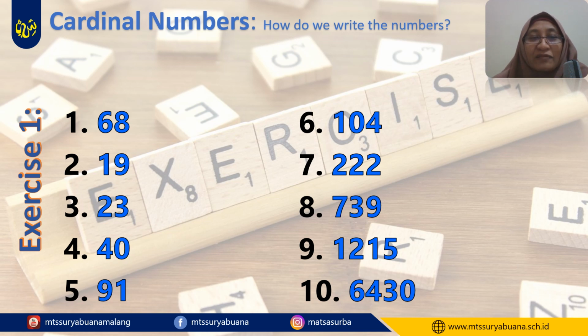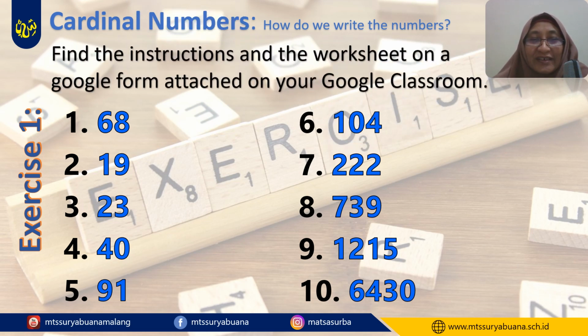Well, it's time for you to do the exercise. Look at this. This is exercise 1. It's about cardinal numbers. How do we write the numbers? Okay, find the instructions of this exercise and the worksheet on a Google form attached on your Google Classroom.